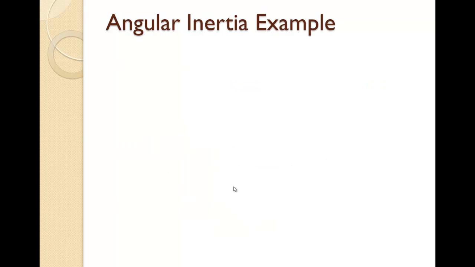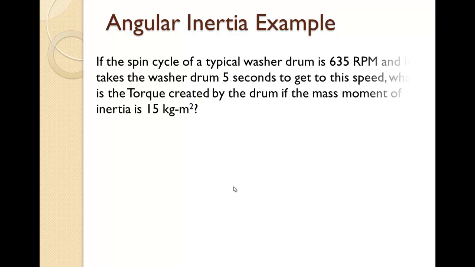So let's look at an angular inertia example. Say the spin cycle of a typical washer drum, the thing that you wash clothes with, is 635 revolutions per minute, and it takes the washer drum 5 seconds to get to this speed. What is the torque created by the drum if the mass moment of inertia is 15 kilogram meters squared?